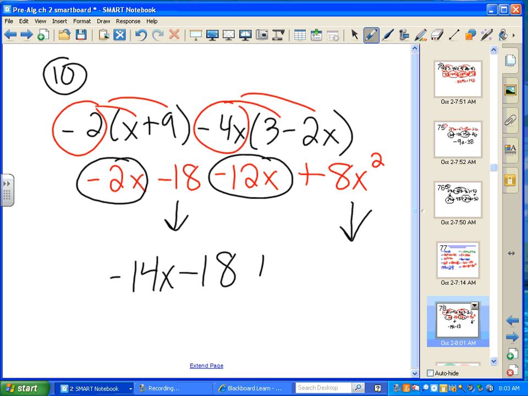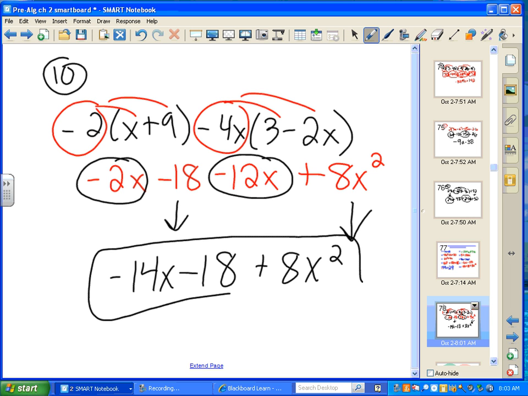Rewrite the -18 and rewrite the plus 8x squared. What did you do? Okay, you probably did that just because you were going too fast, I'm guessing. Do you think that's why? Okay, just take your time, because I know you know what a like term is.